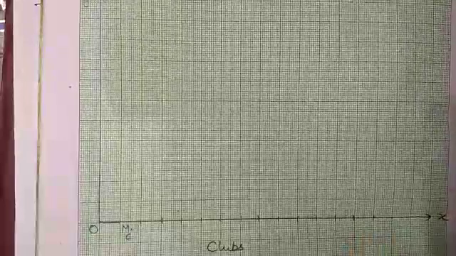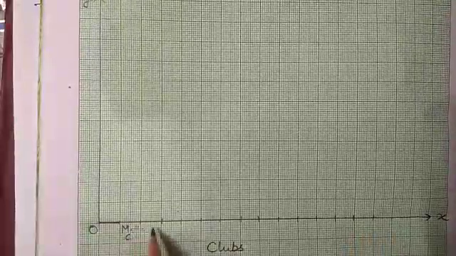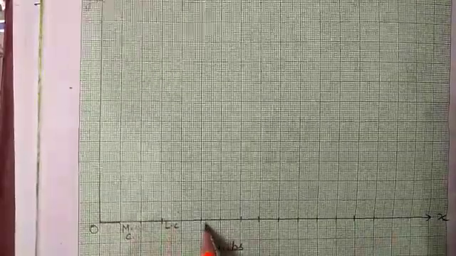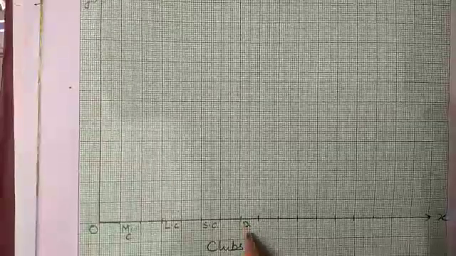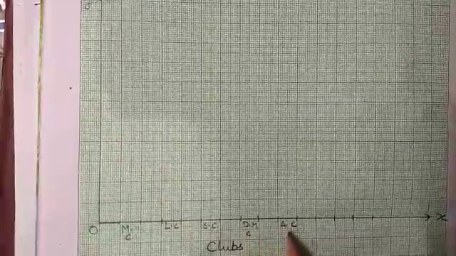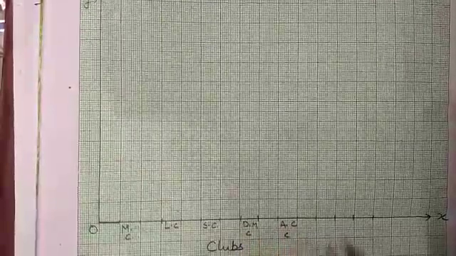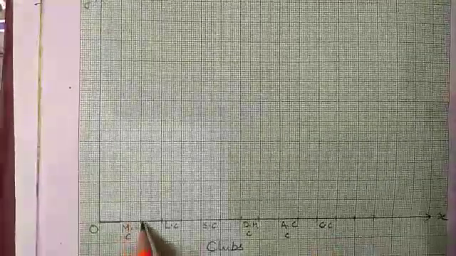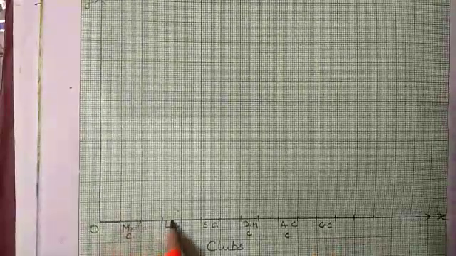Now, first of all, mark points here in this way, and like here language club, I am just writing the first alphabet as I have very little space. Science club, dance and music club, and here art and craft club, here computer club. Observe, I am writing every time after leaving one block.